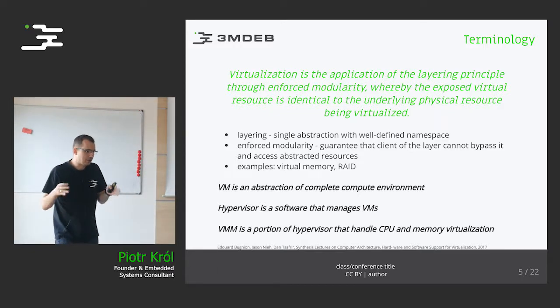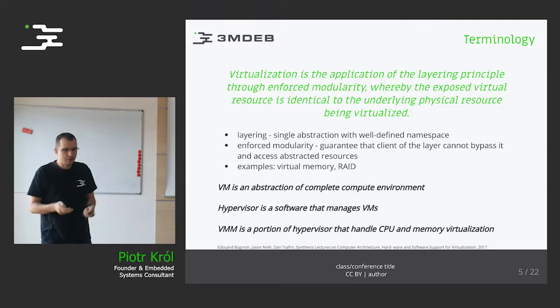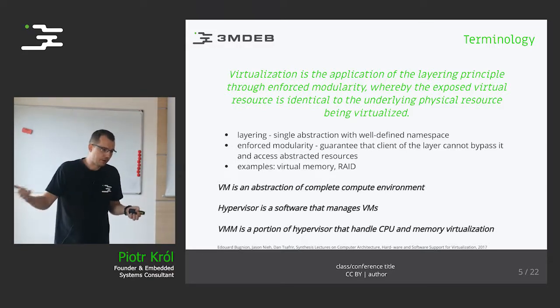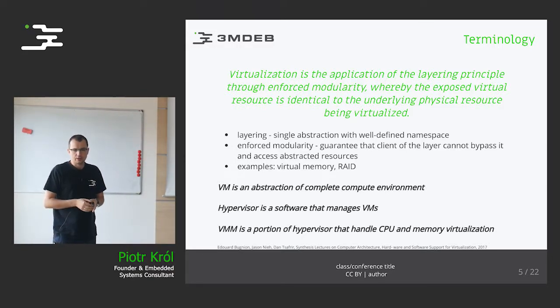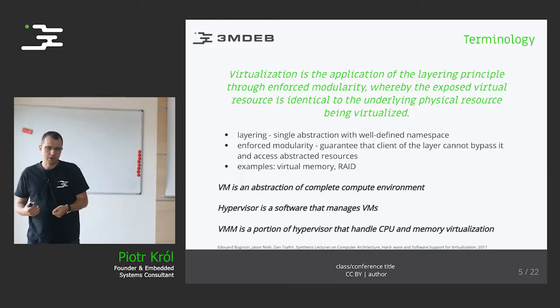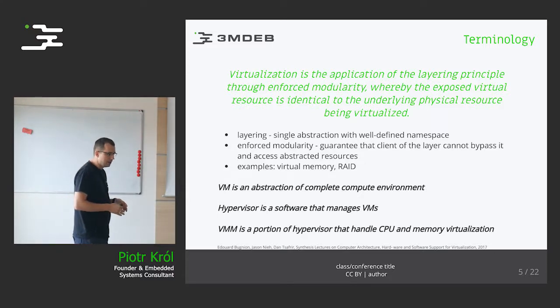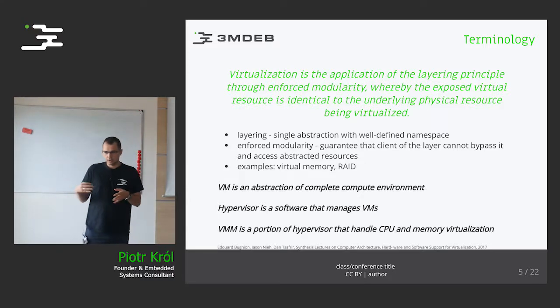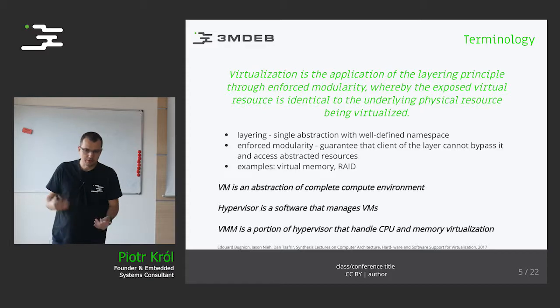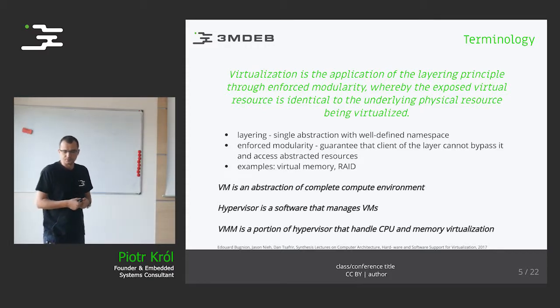It depends on the RAID level, but it's one disk that has continuous space and is, for example, redundant. So that's how virtualization works, and this is a principle that can be applied not only in cloud environments, but in various other situations.